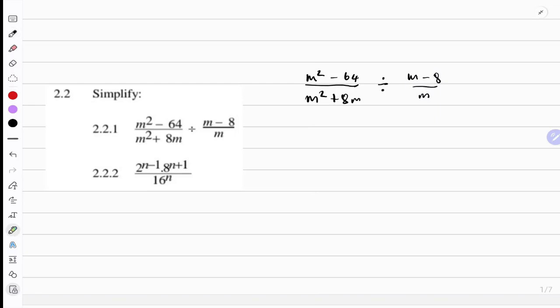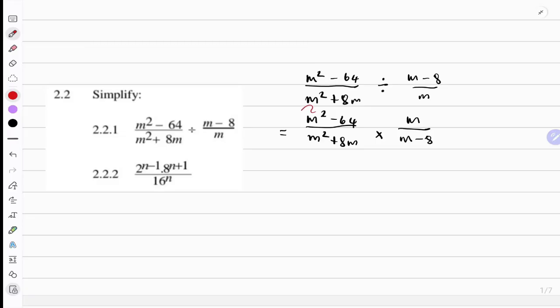The first thing we want to do is get rid of the divide. To do that, you flip the second fraction, meaning the m goes on top and m minus 8 goes under. The minute you flip it, the divide changes to a multiplication.